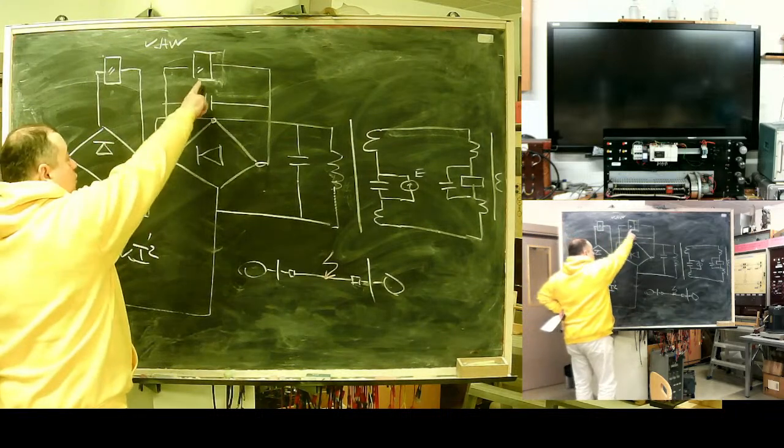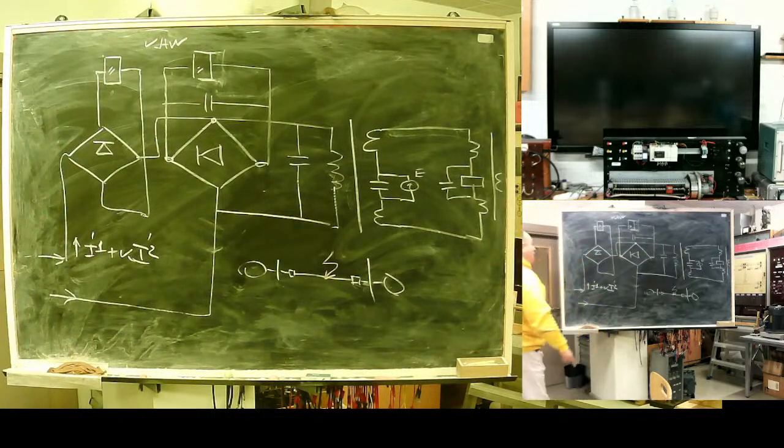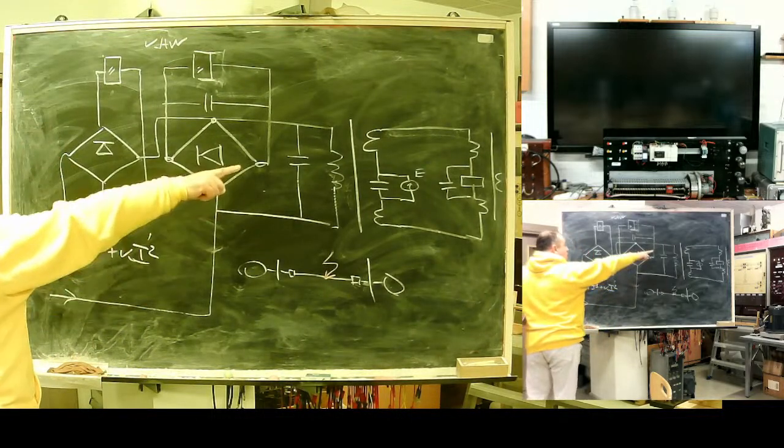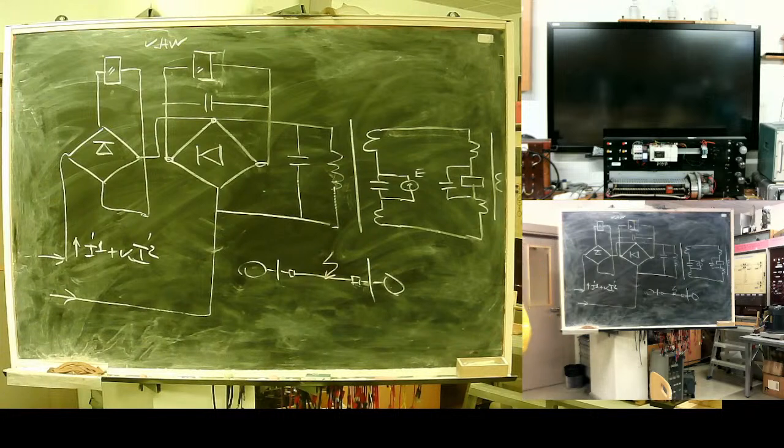But through this coil will flow own current plus current from the opposite side, and it will be 2 units. So the relay will trip.